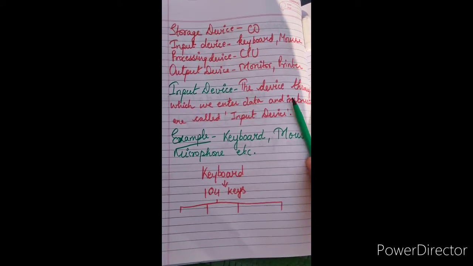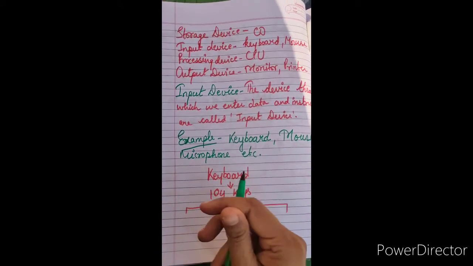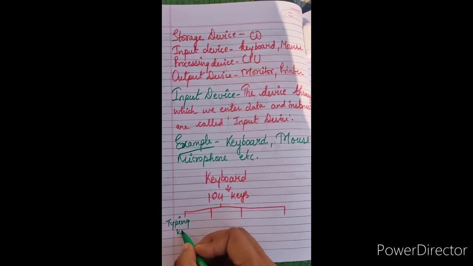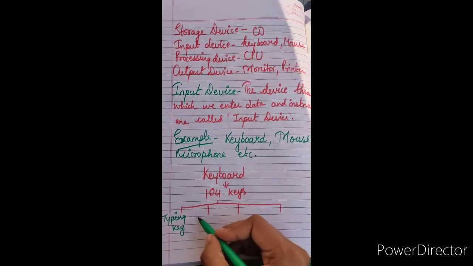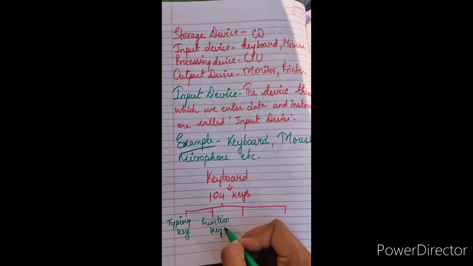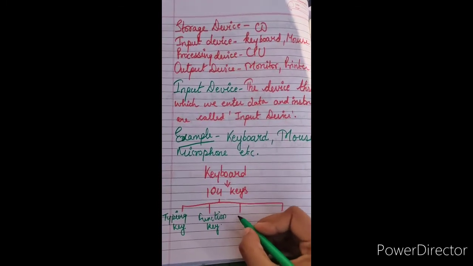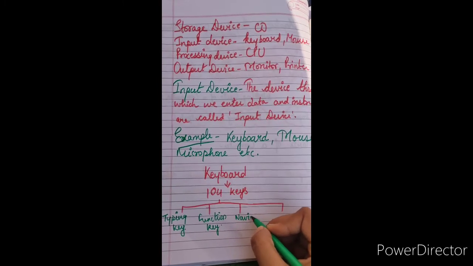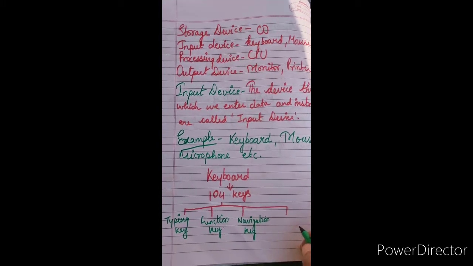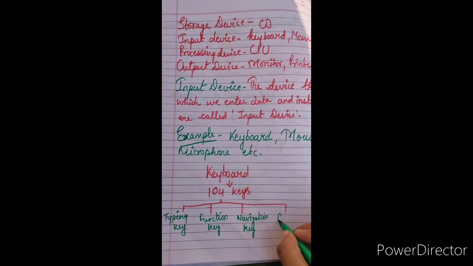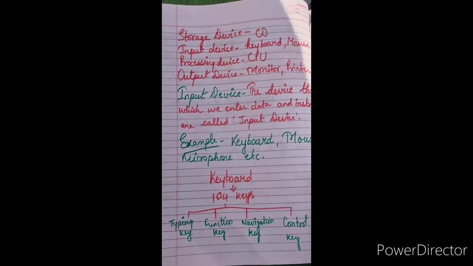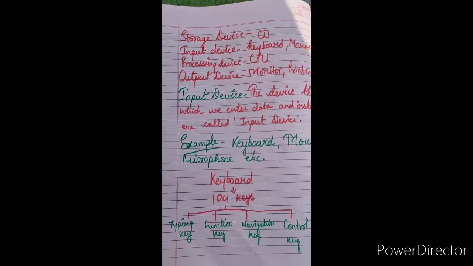The first one is typing keys, then function keys, navigation keys, and control keys. So the total keys are 104.